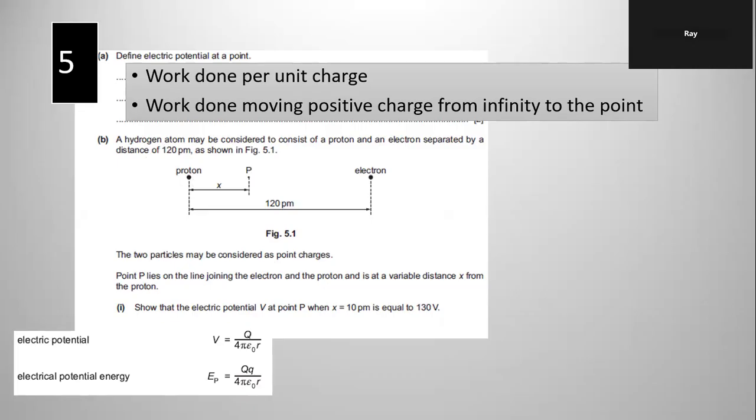Point P lies on the line joining the electron and proton and is at a variable distance x from the proton. Show that the electric potential V at point P at x equal to 10 picometer is equal to 130 volt.